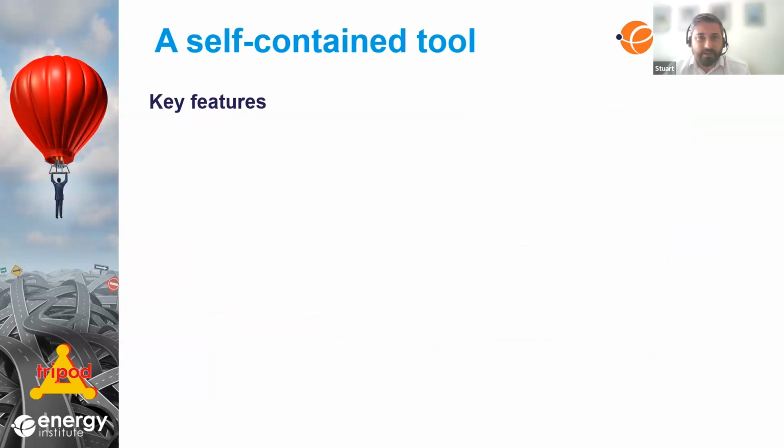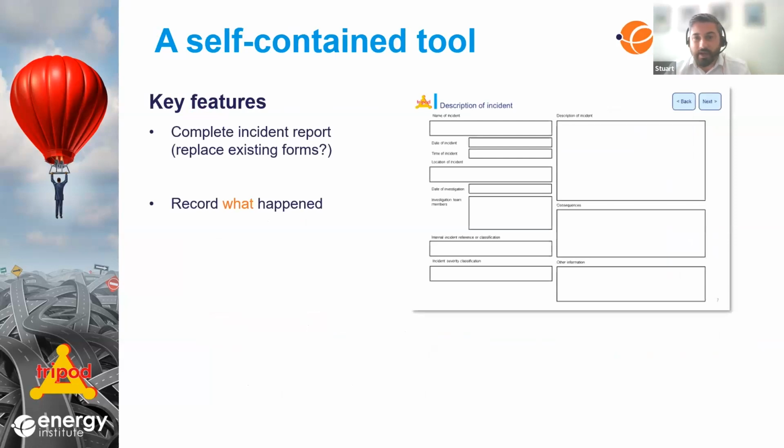So what does the tool contain? There are a few key features to it. The first is that the PDF version and the Excel version are both intended to be complete incident reports. So we were very keen that potentially a company could take the PDF version of Tripod Lite and use that instead of whatever incident reporting form they're currently using. So within that PDF, we have a page where we can record basic information about what happened.